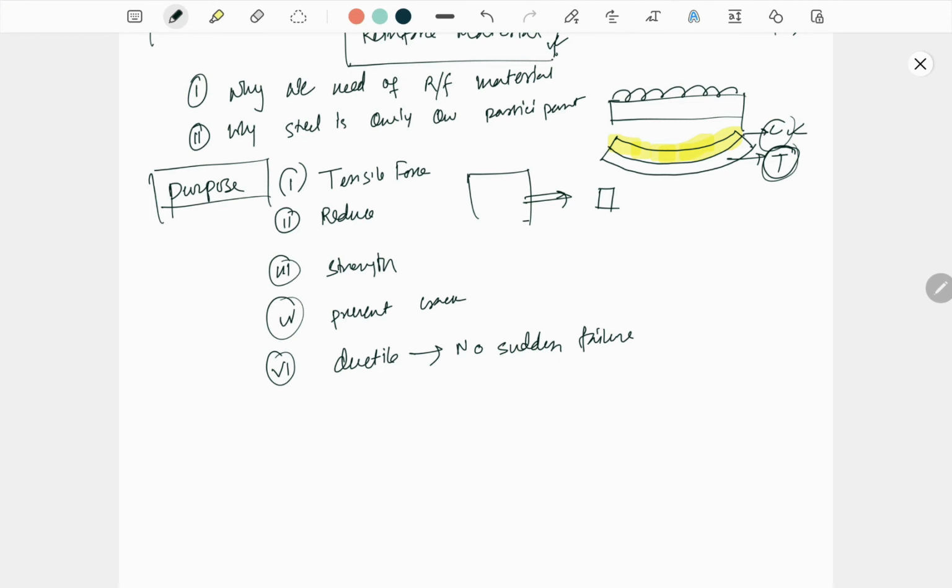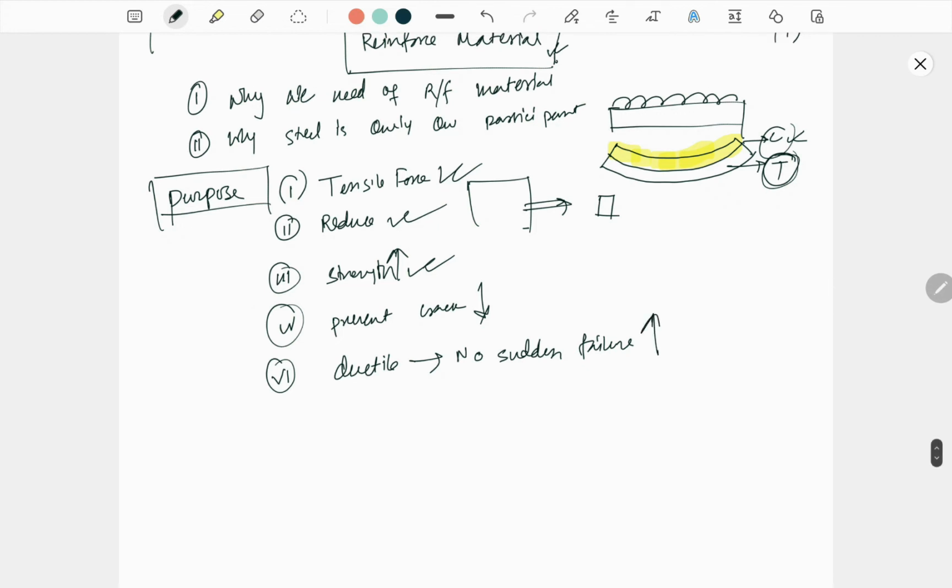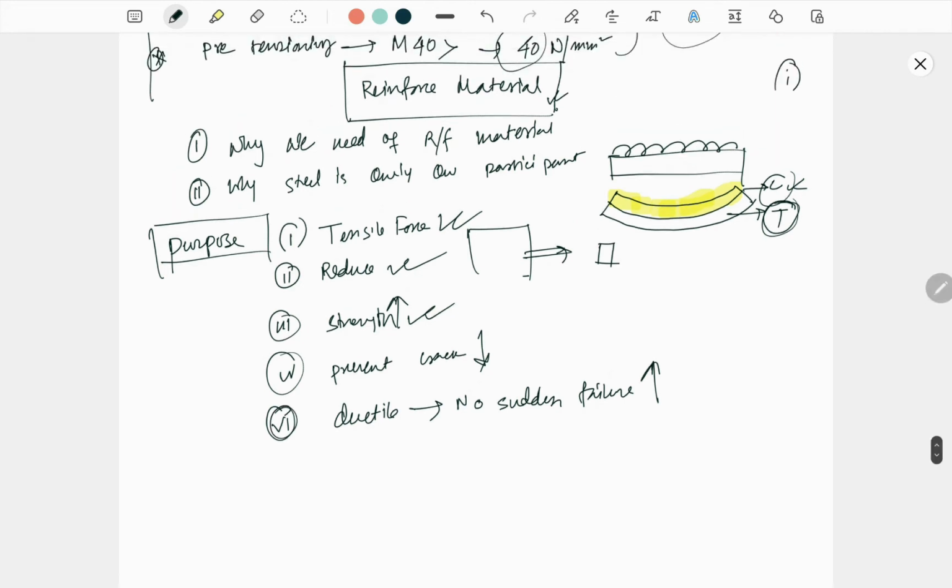That is the purpose of a material who can take tensile force, reduce size and shape, increase the strength, protect or prevent the crack, that means reducing the crack, and definitely to some extent provide some ductility. So these are the 5 points which are the purpose.